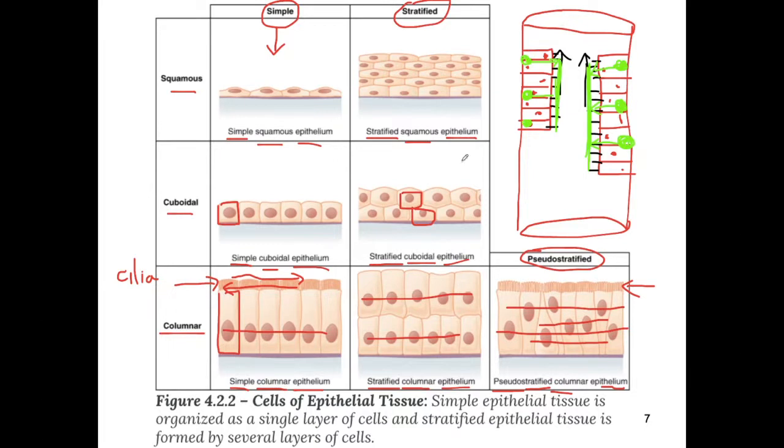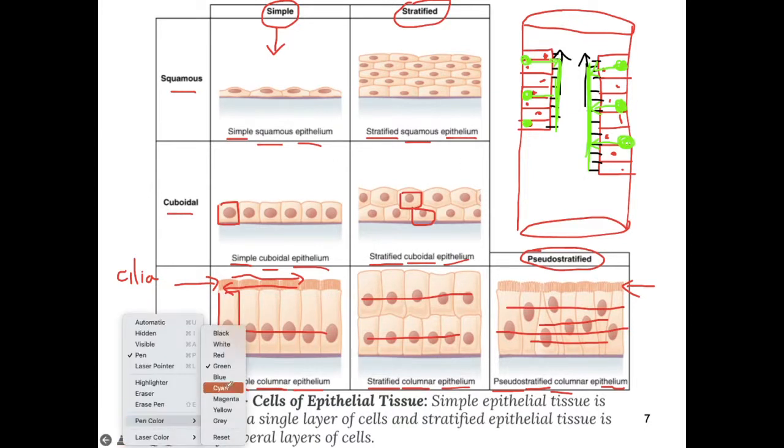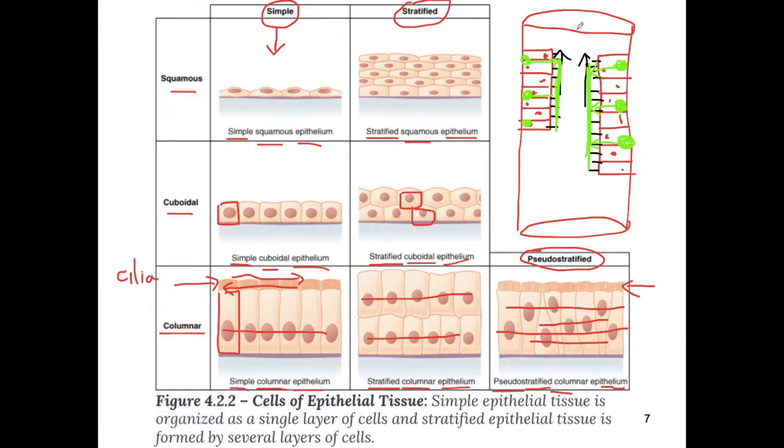Now, you are breathing in debris, right? You're breathing in, let's make it blue, air this way, full of dust particles, maybe smoke, maybe pollution. Maybe you're a smoker that's inhaling all these carcinogens. And what that does is it actually paralyzes the cilia.